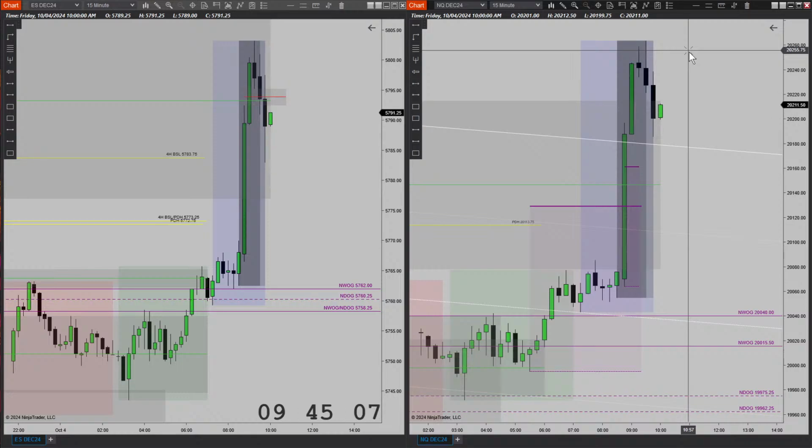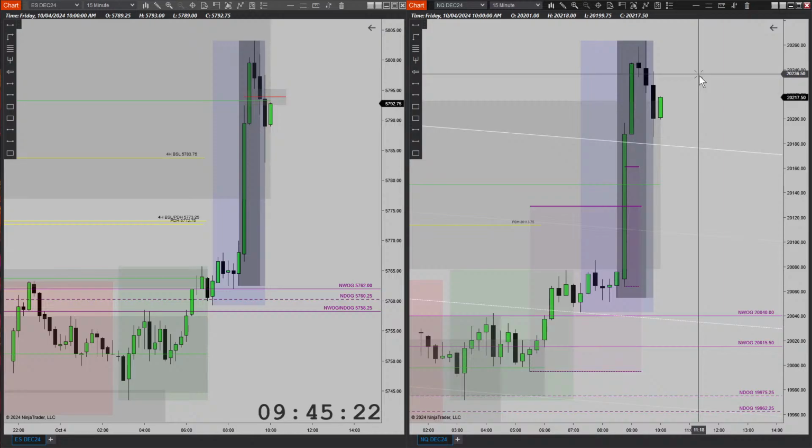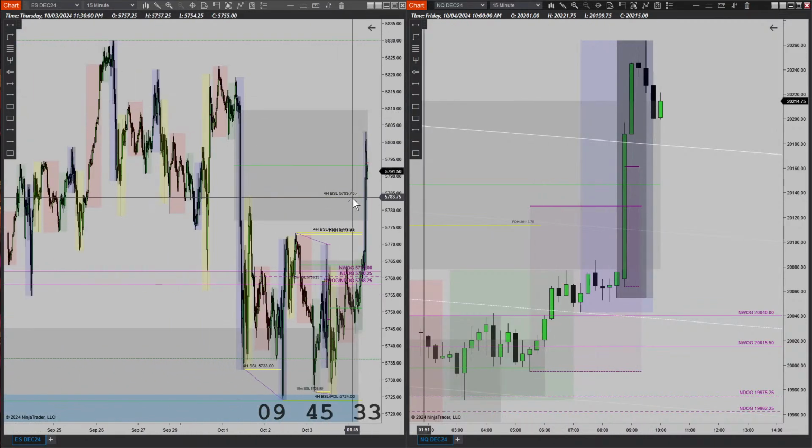But we'll see. We are bouncing off of this old high here, so it is acting as somewhat support.